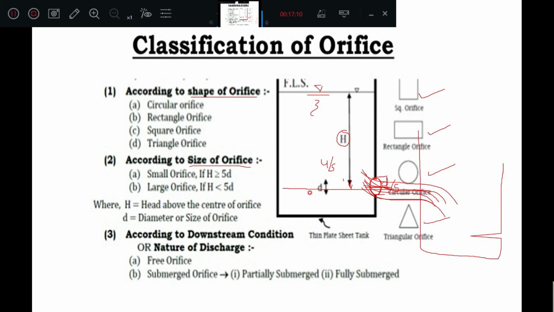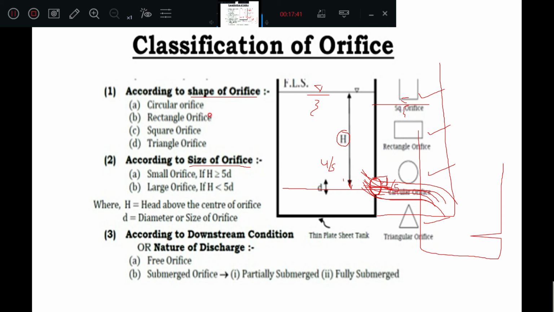If it is fully submerged, the two tanks are side by side like this, and the liquid is discharging from one tank into the other. This is the level of liquid in this tank. If the orifice is completely submerged into this tank, it is called a fully submerged orifice.